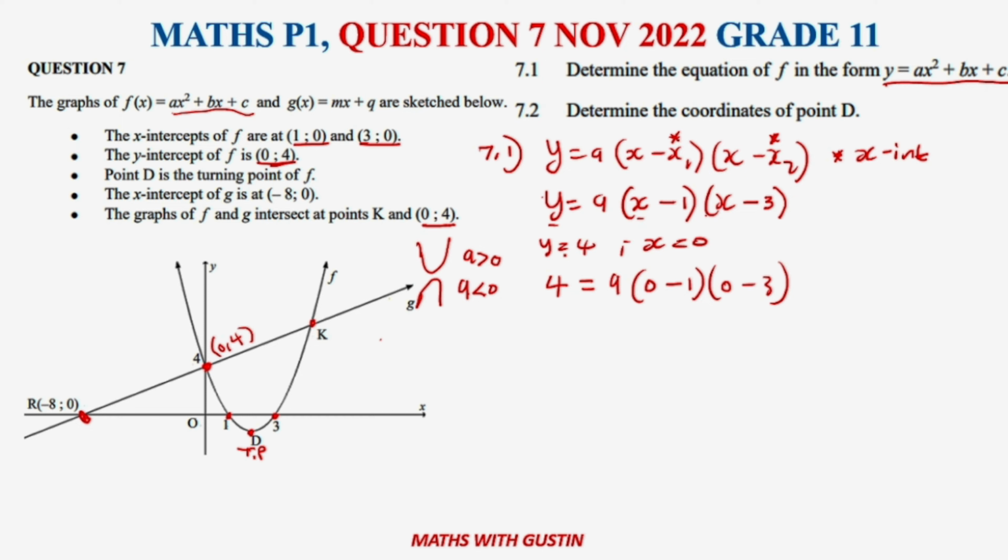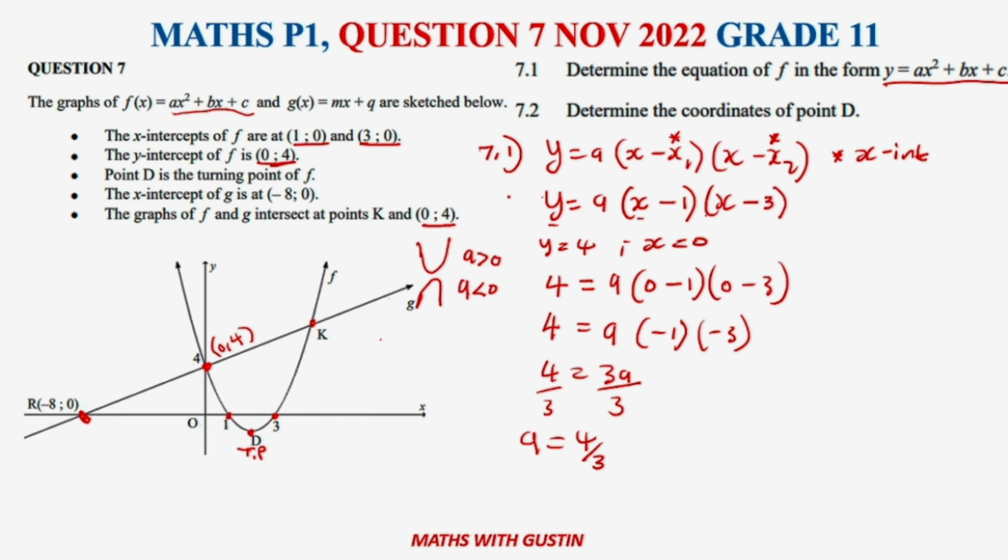Multiplying throughout, -1 times -3 gives us +3, so 4 equals 3a. Dividing both sides by 3, a equals 4/3, and as expected, a is positive.